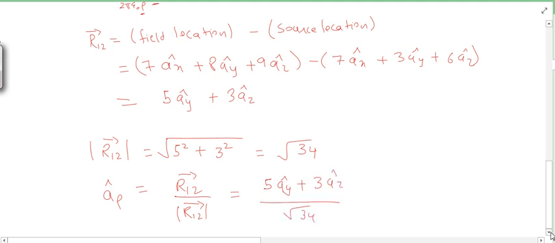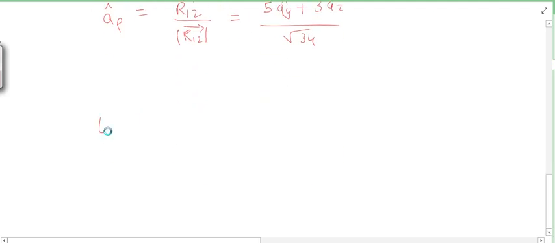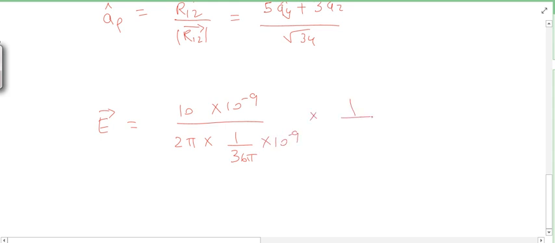So if you put these values in the formula, what E will come? Rho L was given in the question as 10 nanocoulomb, that is 10 into 10 to the power minus 9, by 2 pi. Now epsilon we can take as 1 by 36 pi into 10 to the power minus 9, and the perpendicular distance which we have calculated, root 34, and the unit vector, 5 ay cap plus 3 az cap by root 34.